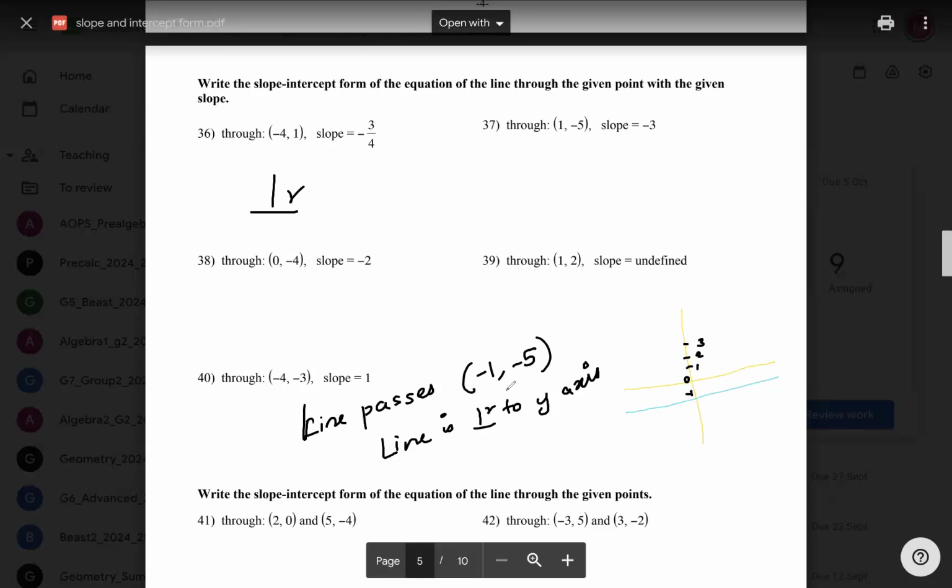Now I'm talking about a line that passes through -1, -5. I'm saying my line is perpendicular to the y-axis. This is my y-axis, right? When the line is perpendicular to the y-axis, my intended line is blue. This is my line.